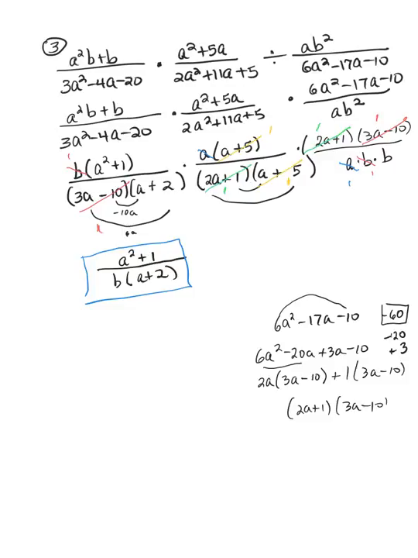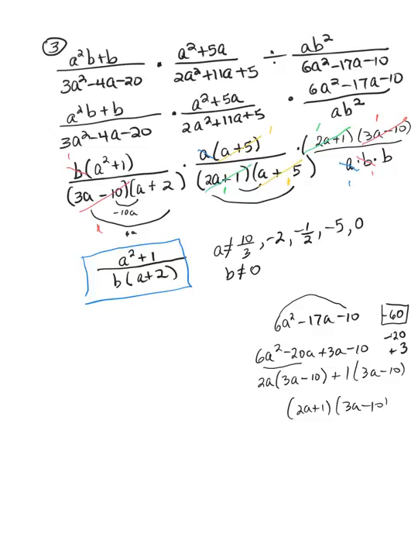So we have to look at all the denominators and the numerator of the last fraction. So looking at the denominators, a cannot equal 10/3 from 3a minus 10 equals 0, negative 2 from a plus 2 equals 0, negative a half from 2a plus 1 equals 0, negative 5 from a plus 5 equals 0, a cannot be 0, b cannot be 0, and we have to look at the numerator of the last fraction.